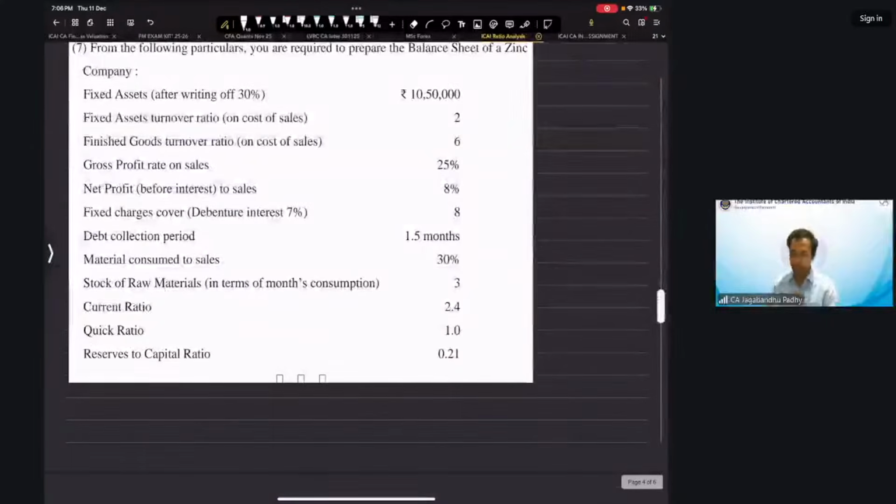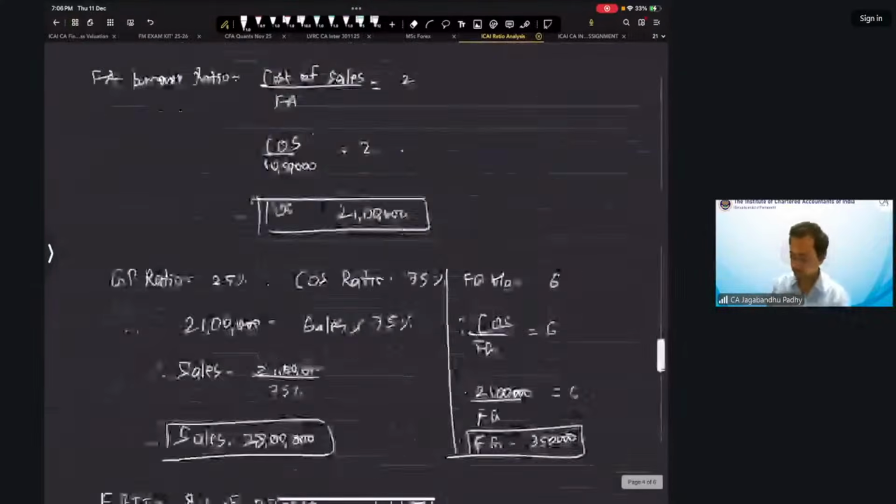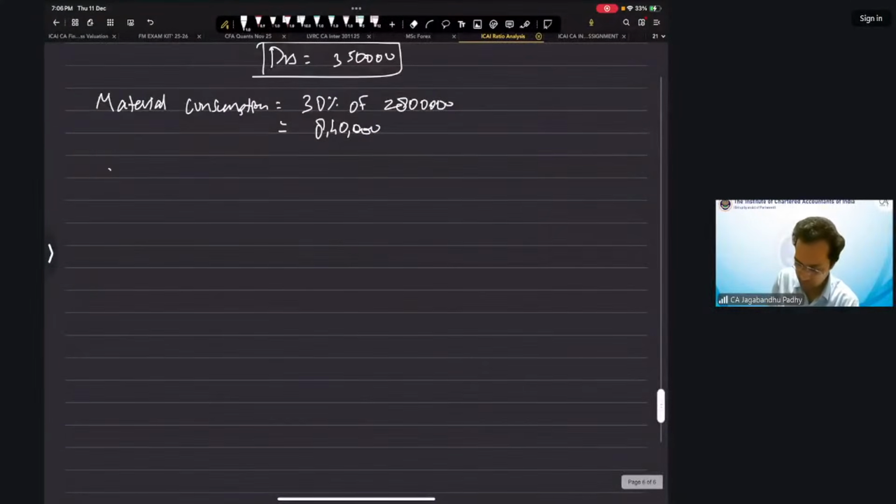Now what is the stock? Stock of material is 3 months. So stock of material is 3 months, right?